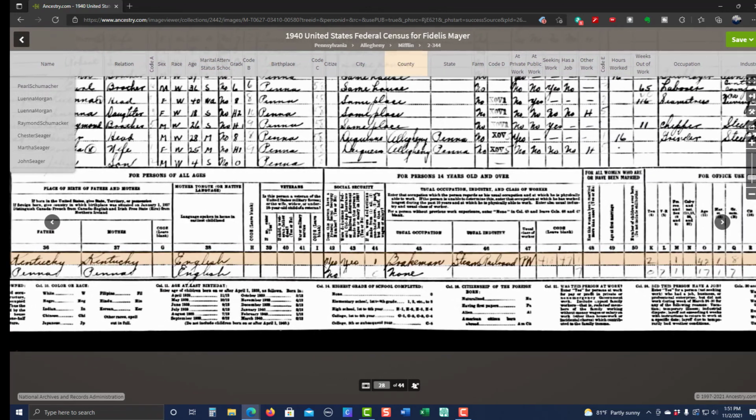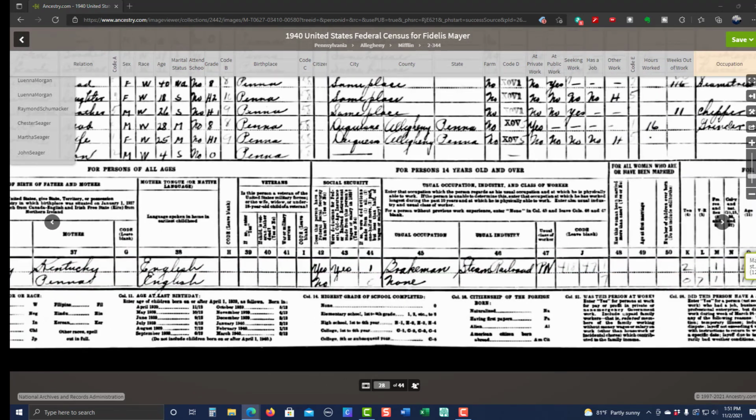And then they have some questions for veterans. You can see on column 39, they're asking if you are a veteran. And there's nothing blank there, so I assume the answer is no. Then they ask if they're a child of a veteran father who's dead. That's interesting. So once again, assuming no, because the columns are blank.